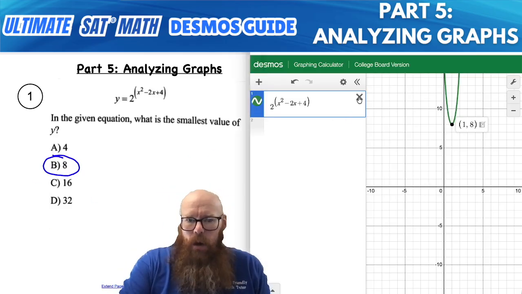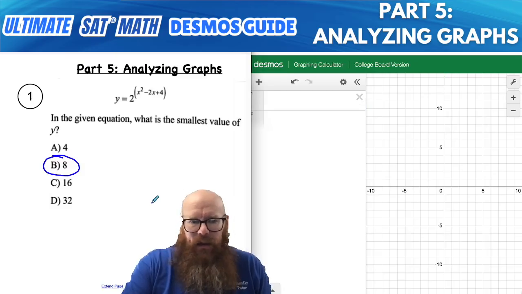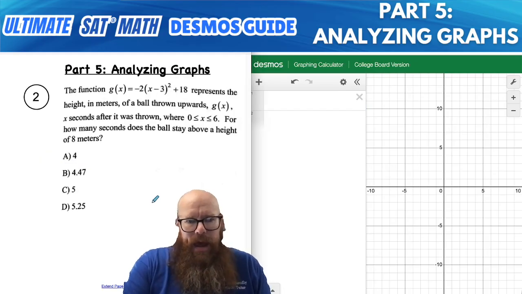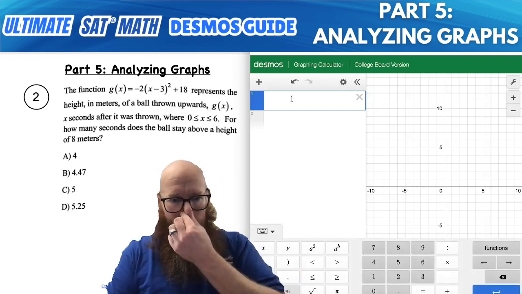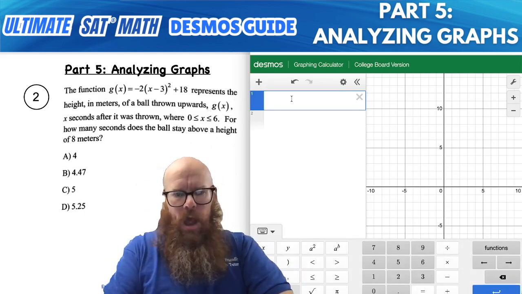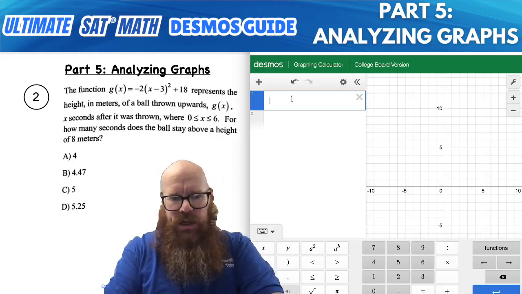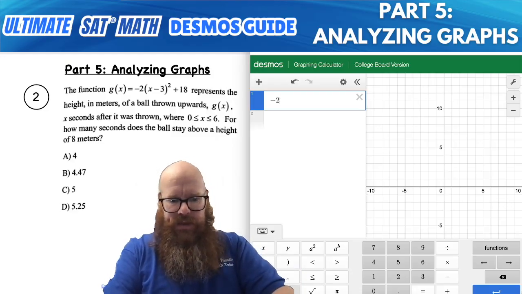Okay, so moving on to the next analyzing graphs problem. We've got this function, and for how many seconds does the ball stay above a height of 8 meters? So here's a cool way to do this problem. I'm just going to put the function in, which again, I'm not evaluating the function anywhere, so I am not going to write the g of x equals.